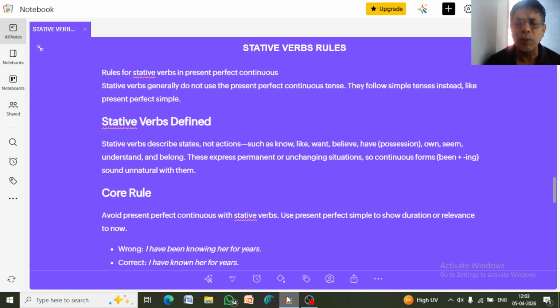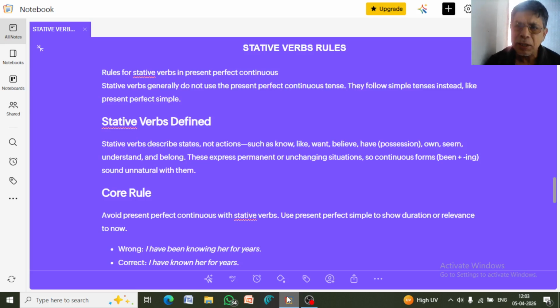Now, stative verbs defined means what are stative verbs? Stative verbs describe states, not actions, such as know, like, want, believe, have, which means possession, own, seem, understand, and belong. So these verbs do not indicate any action, any doing things. So they just indicate some certain state or condition.